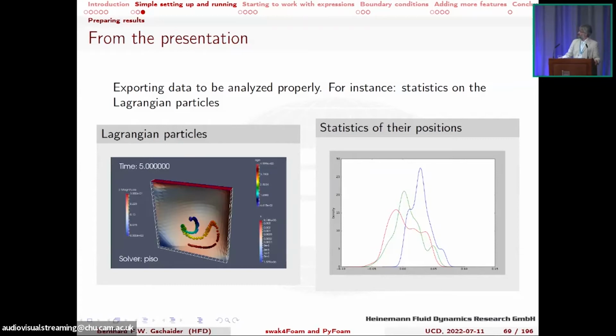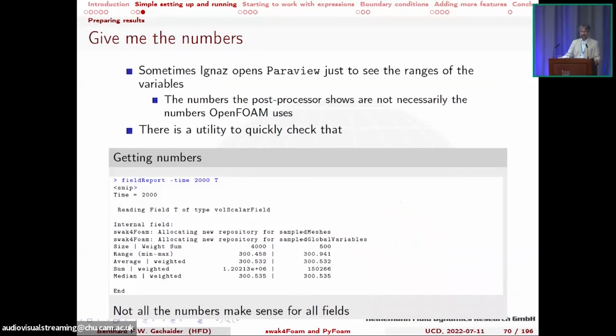In this case, the example that I show you here is that there was this case where Lagrangian particles were added, and then basically the positions and everything from these particles were written out into a pandas data frame and analyzed in this pandas data frame, for instance, what is the location of these Lagrangian particles.